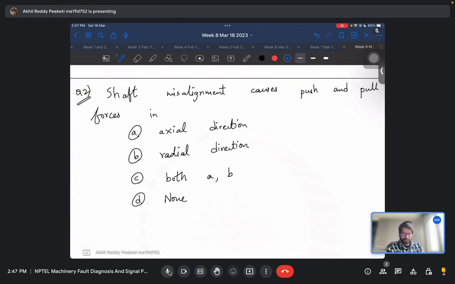Now, because of the presence of shaft misalignment, there will be push and pull forces in the shaft. What will be the direction for these push and pull forces? Axial, or radial, or both, or none of these two?